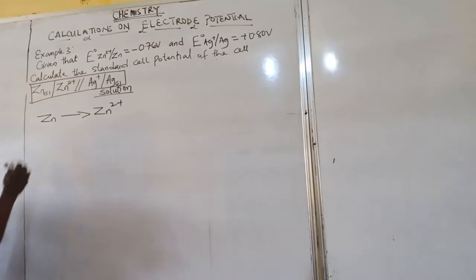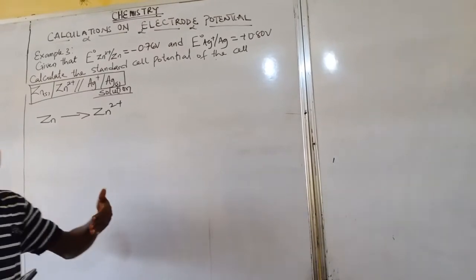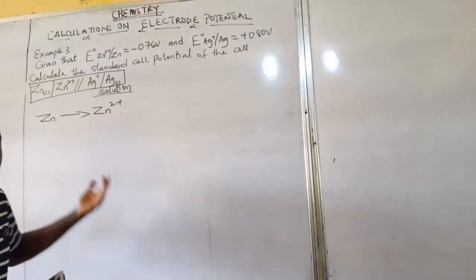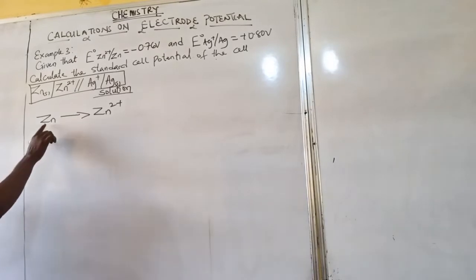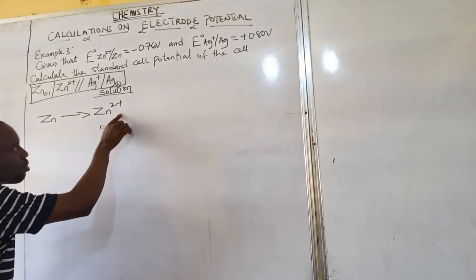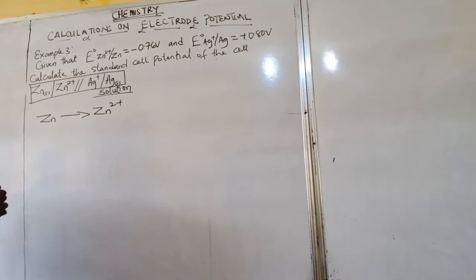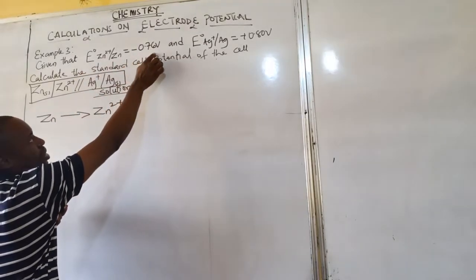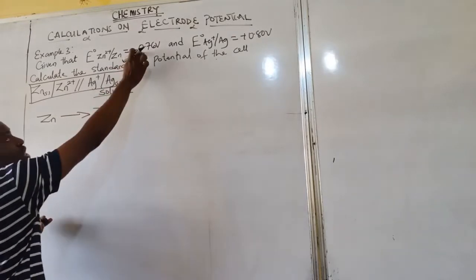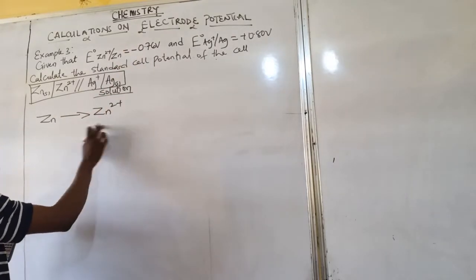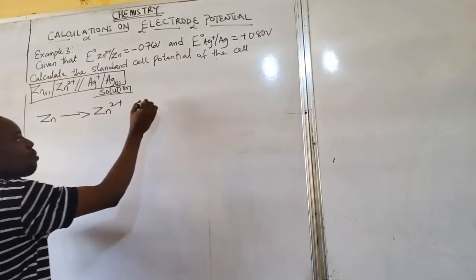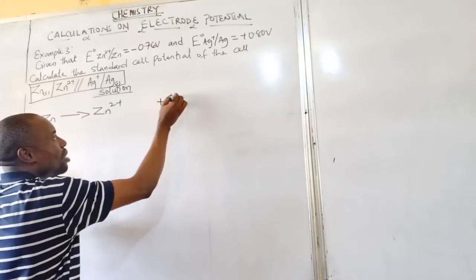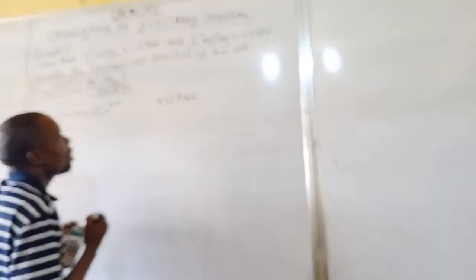Since I know that from zinc to zinc ion is oxidation, and we're giving from zinc ion to zinc as negative 0.76 volt, it means that we need to change this negative sign to positive because it is now oxidation. So that becomes plus 0.76 volt.